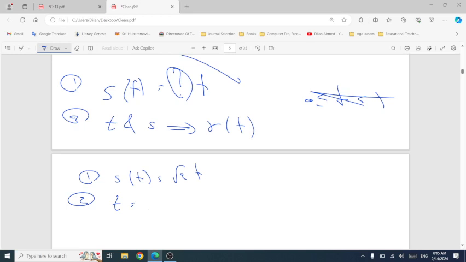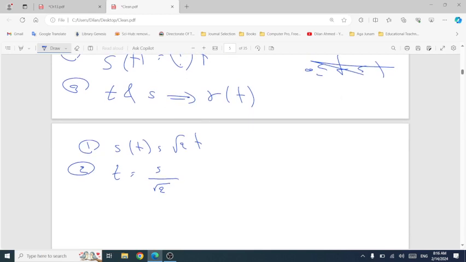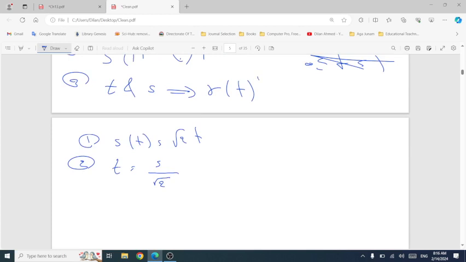T equal to what? How do you find the T? I know. Now, I say what? r(t), it was about cosine, right?